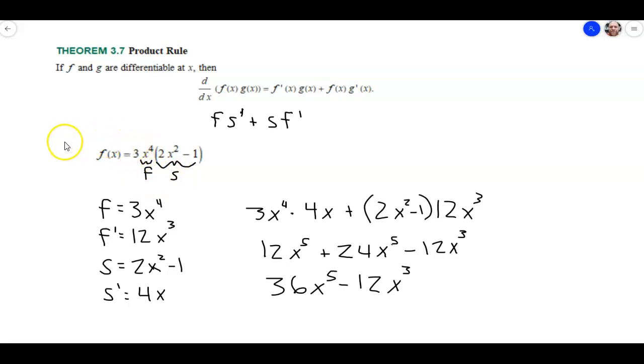So I can pull the constant out, just do the derivative using this as my first, and then I could have multiplied that constant in at the end, and I would have gotten an equivalent, if not the same, solution there. All right, let's take a look at another example.